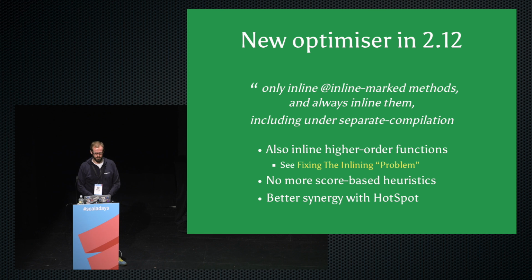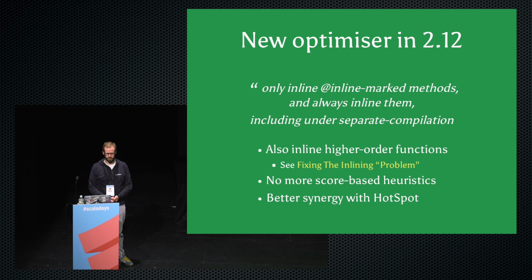So they tried to distill it down to just one simple rule that says only inline marked methods, and always inline them, including under separate compilation. That was the idea, but then later on they actually added a few more rules.